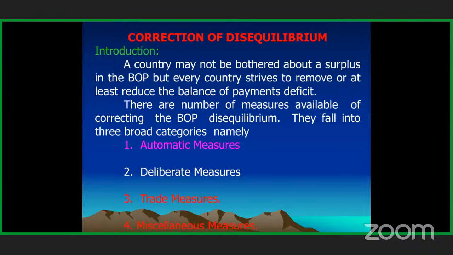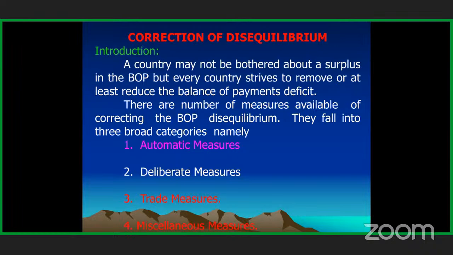So these are the various types of disequilibrium. Here, friends, if there is a disequilibrium in the balance of payments of a country, various measures are initiated by the country or other countries.